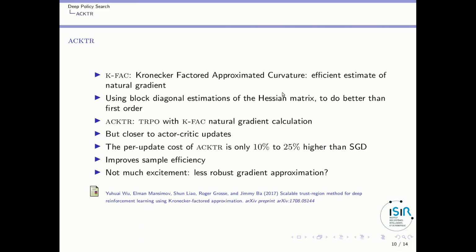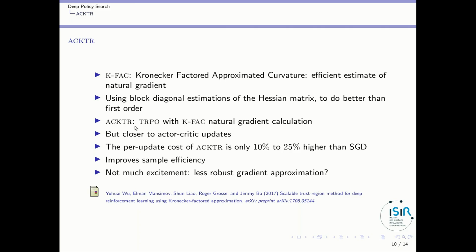The point is that this Hessian matrix is huge, so you cannot compute the inverse of this matrix efficiently. So what they do is use a block diagonal estimation of this matrix, and by doing this they are less accurate than they could be if it was possible to use the true Hessian matrix.